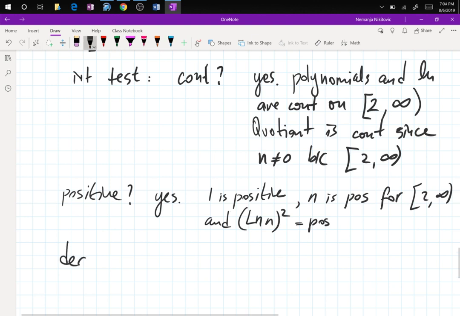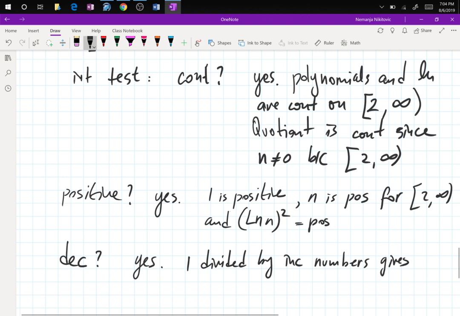And finally, decreasing. Well, yes, you can use the same argument: 1 divided by increasing numbers gives you a decreasing number.